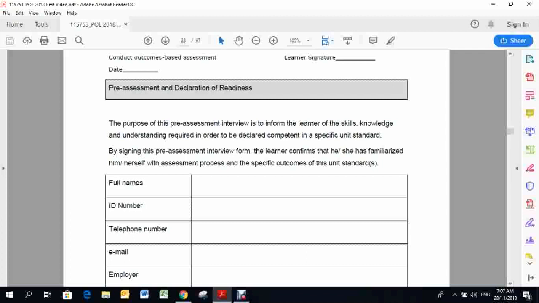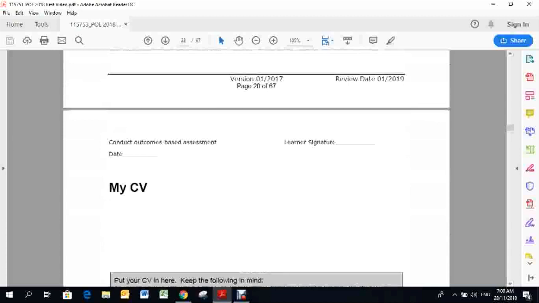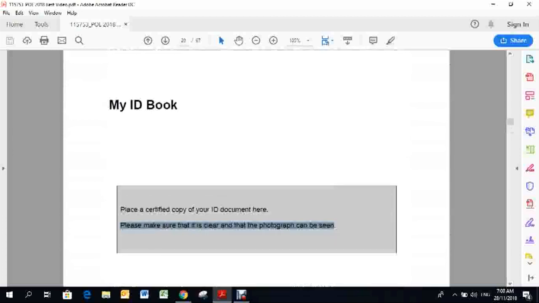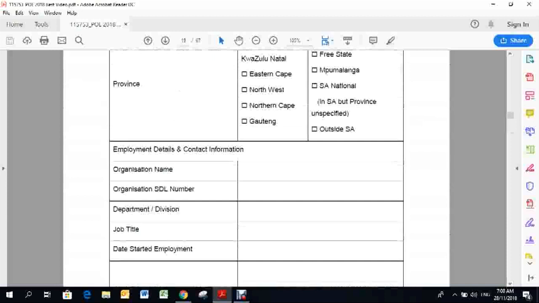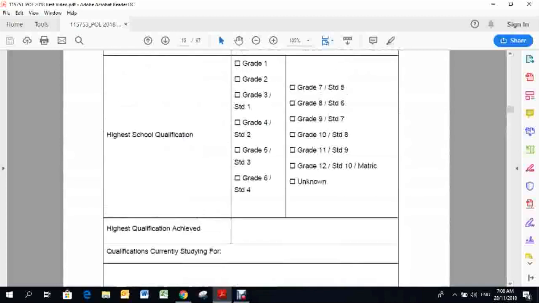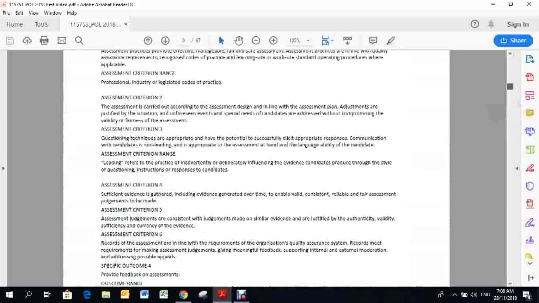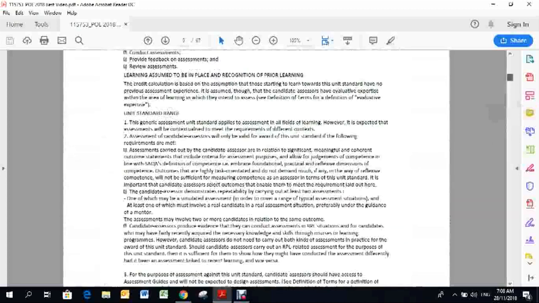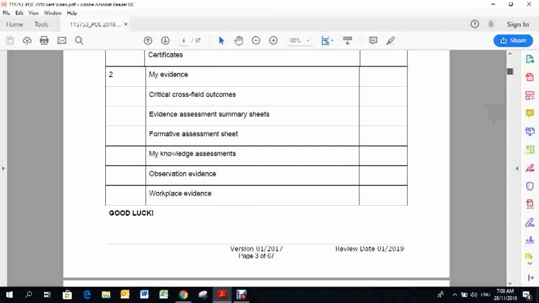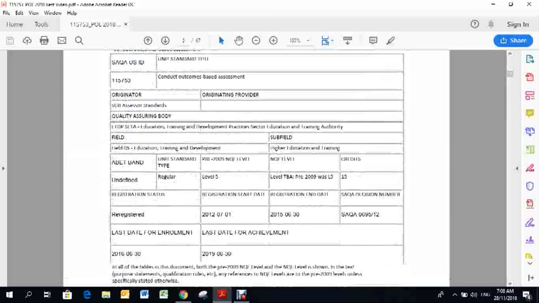So this will take us back to that form, the SACWA document that we saw earlier on. Right. So this document will tell you the level of the qualification, which is level 5.